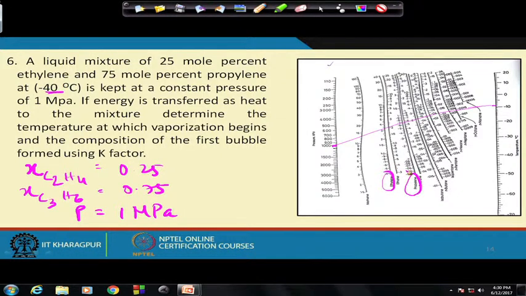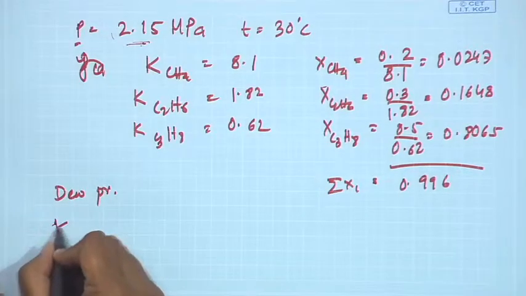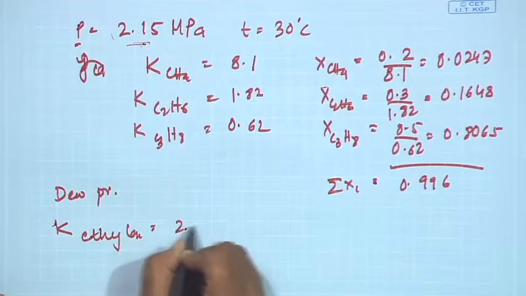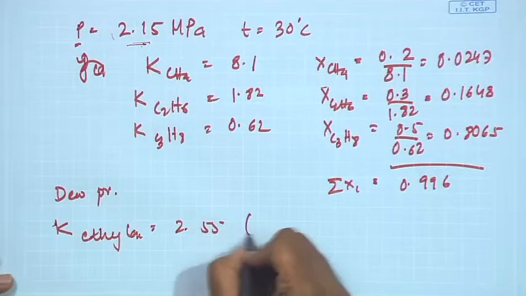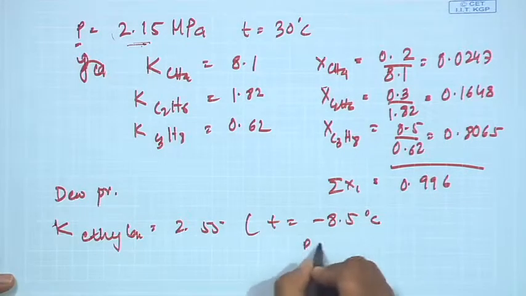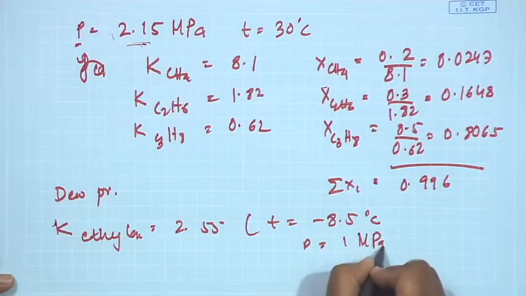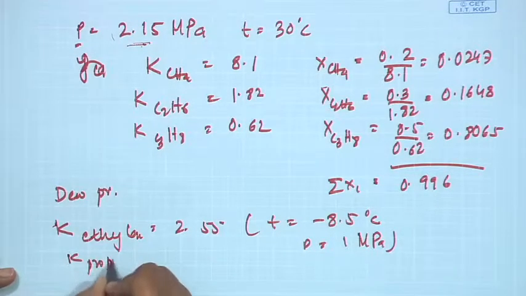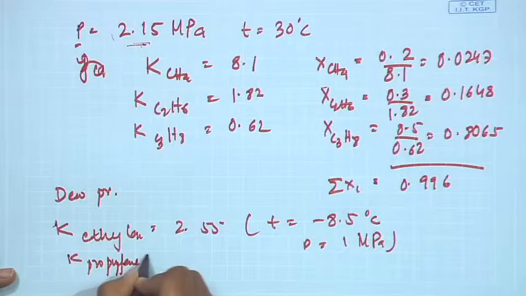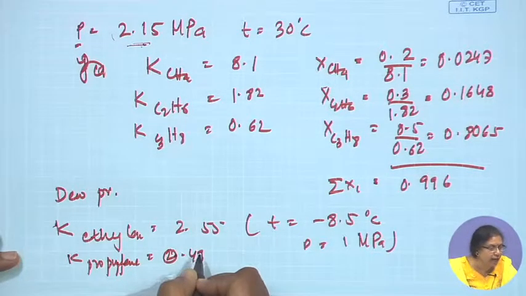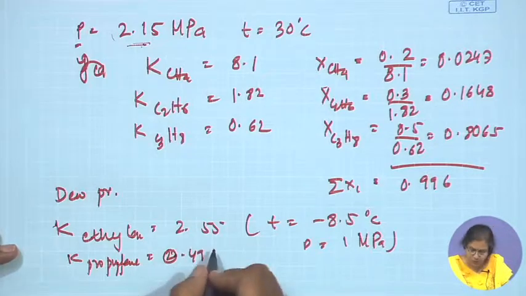In this particular case we find that your K ethylene is going to be 2.55, provided I have assumed minus 8.5 degrees centigrade, P equals 1 MPa, and your K propylene is going to be 0.49, I guess, yeah, it is going to be 0.49.